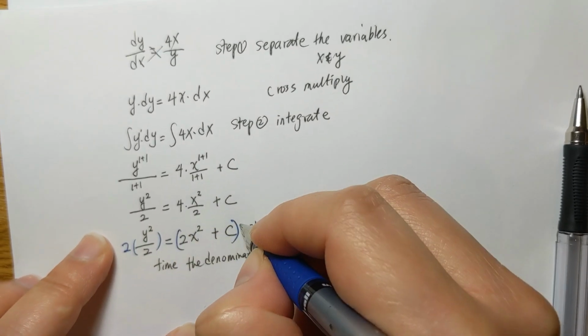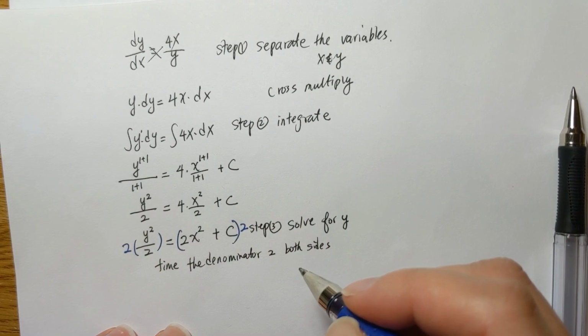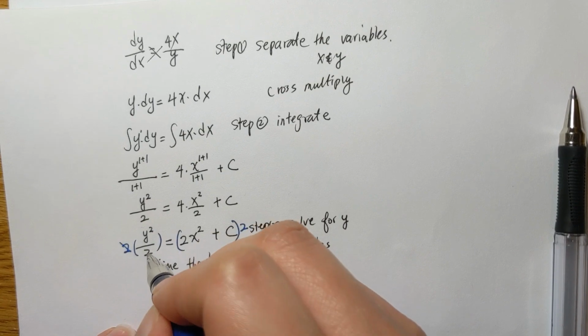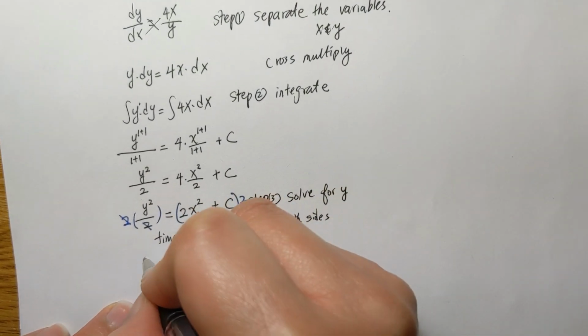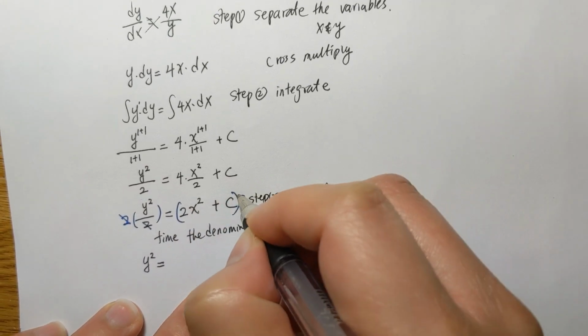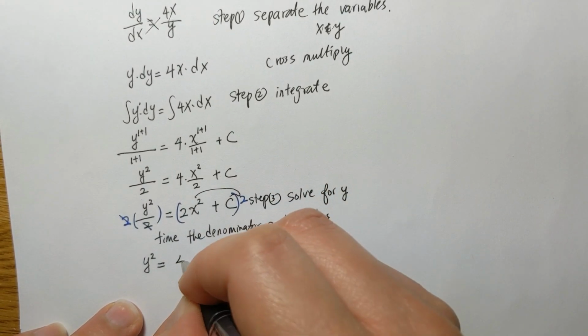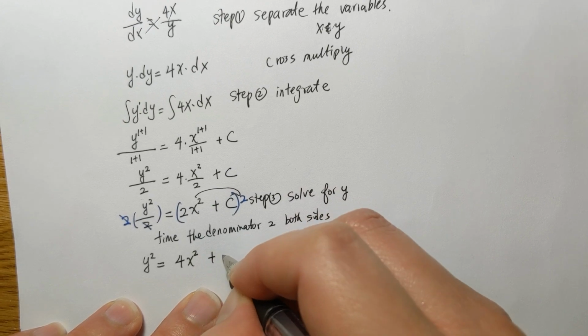Then here, times 2, and this 2 and this 2 cancel out. So we get y squared equals, and here you distribute, 4x squared plus 2c.